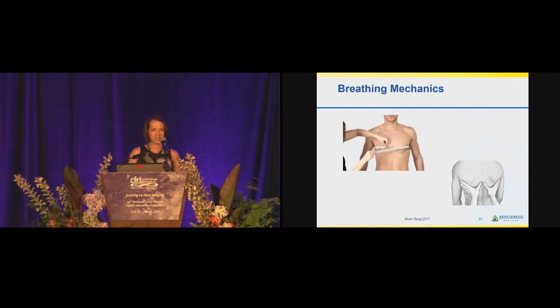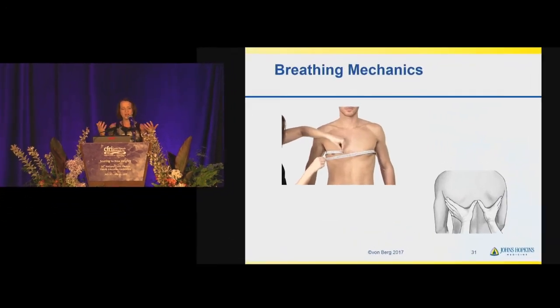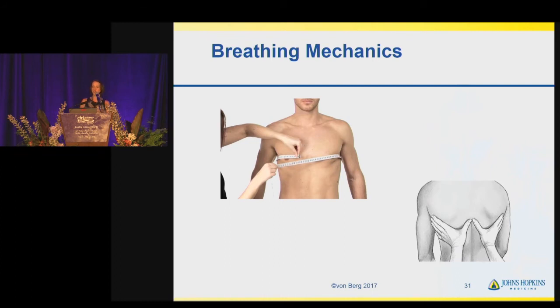So, breathing mechanics. How do we look at breathing mechanics? I can just look at someone, an eyeball, and say, oh yeah, you're using your diaphragm, I see that rise and fall of your abdomen, or oh my gosh, you're using your upper chest and your shoulders trying to really pull in as much air as you can. I can do a hands-on assessment and just again kind of eyeball it and look, is your chest expanding?